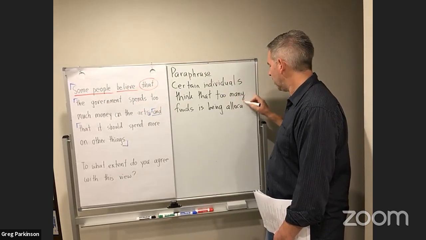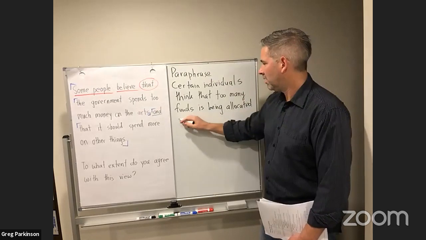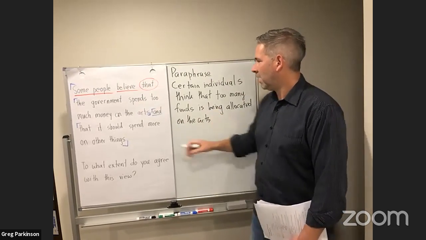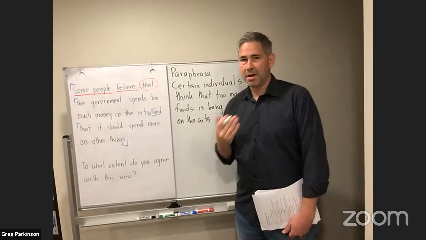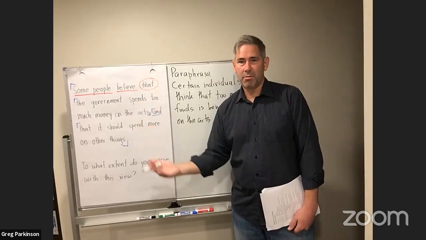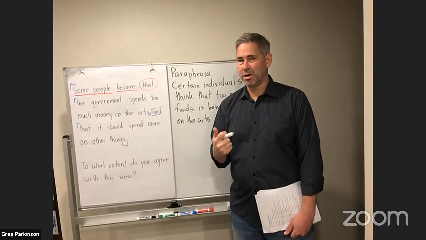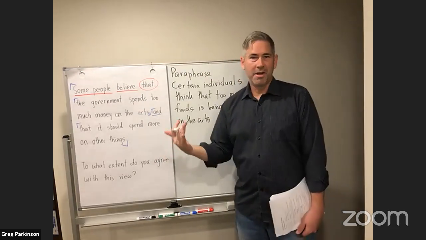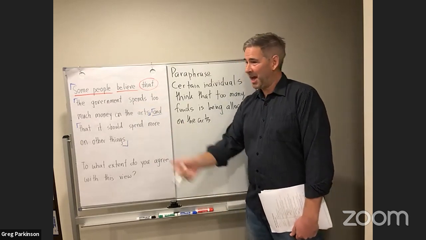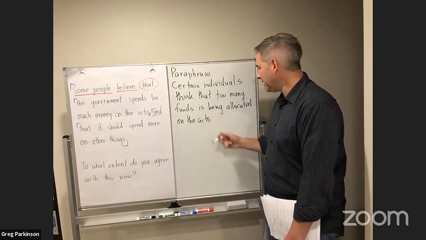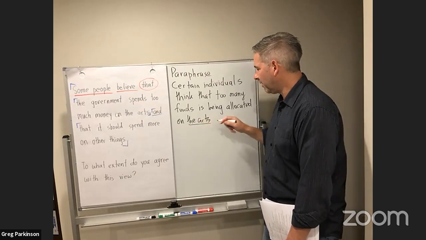Allocated on the arts. Now, the reason I'm not using a synonym for the arts is because off the top of my head, I can't think of one. And I'm trying to replicate an exam situation. So, if you can think of a nice synonym for the arts, then please send a message through. Otherwise, I'm just going to stay with the arts.